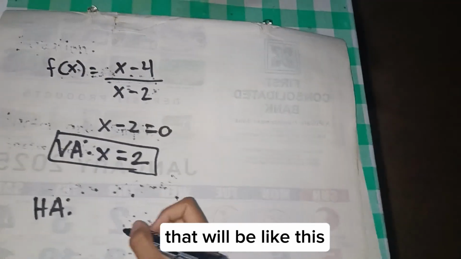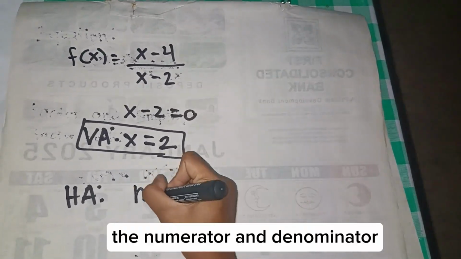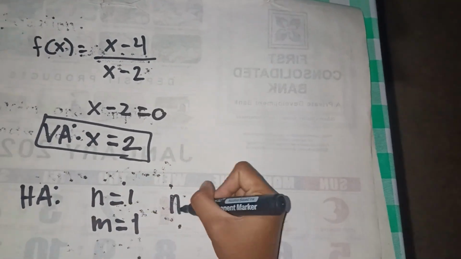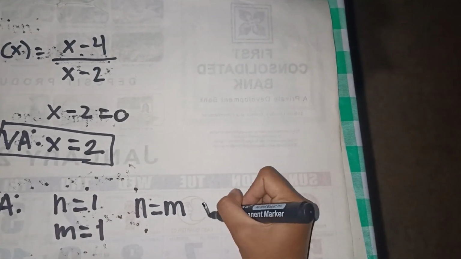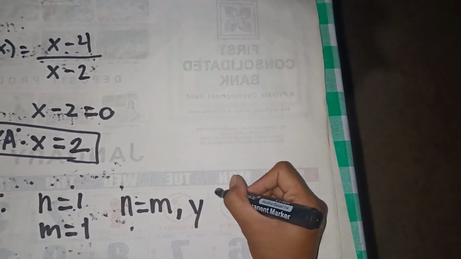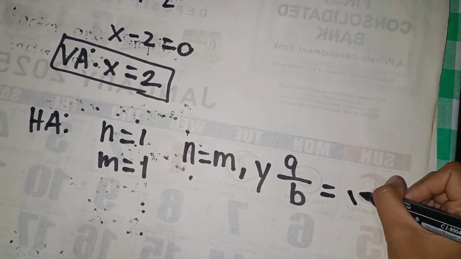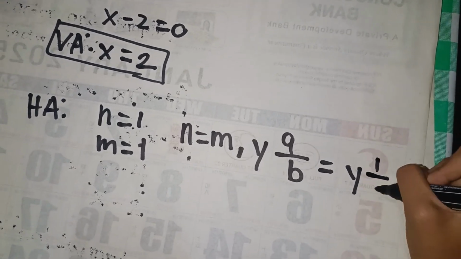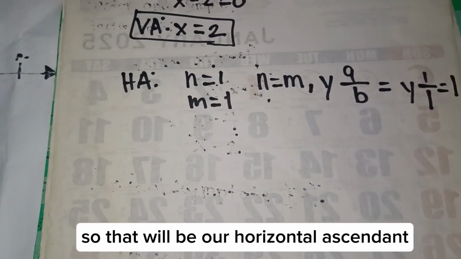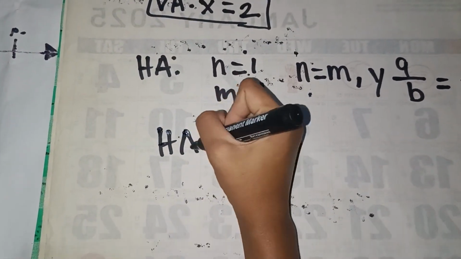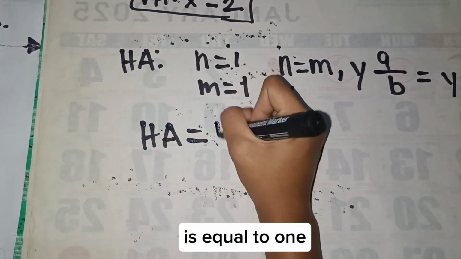That will be like this, the numerator and denominator, y equal to 1 over 1. So that will be our horizontal asymptote, equal to 1.